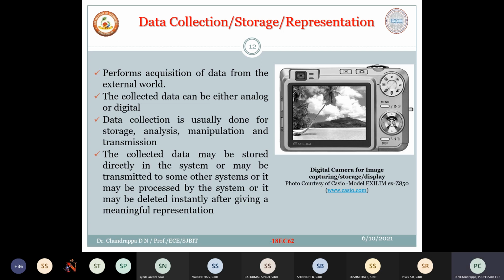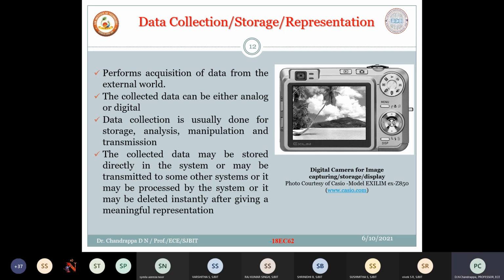But the collection of data may be analog or it may be digital. Suppose the data is analog, it is directly converted into digital form. But when we are using the digital camera, the captured image itself is digital only.